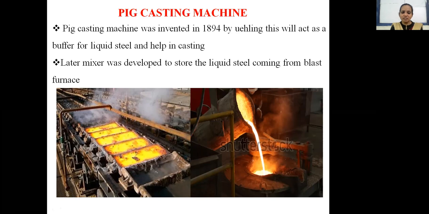Pig casting machine was used to collect the castings in solid state. After that, a mixer, an inactive mixer or active mixer, was introduced to collect the molten metal and send it to the steel making shop.